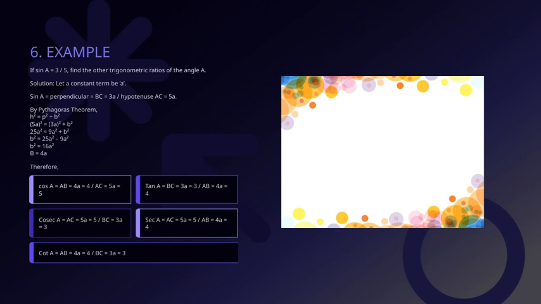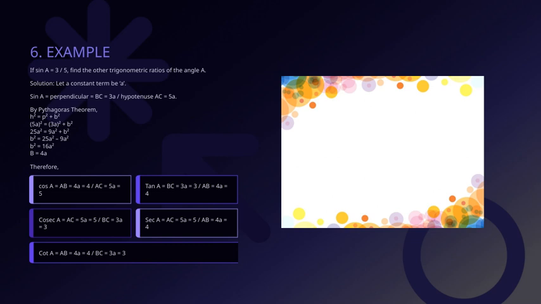Now, with all sides known, we can find the other trigonometric ratios. Cos A is adjacent over hypotenuse, so that's OB over AC, which simplifies to 4a divided by 5a, resulting in 4 over 5. Similarly, cosecant A, which is hypotenuse over opposite, is 5a divided by 3a, giving us 5 over 3.